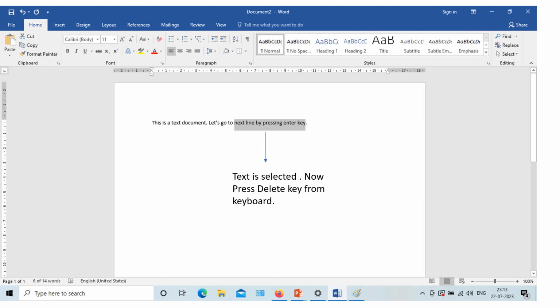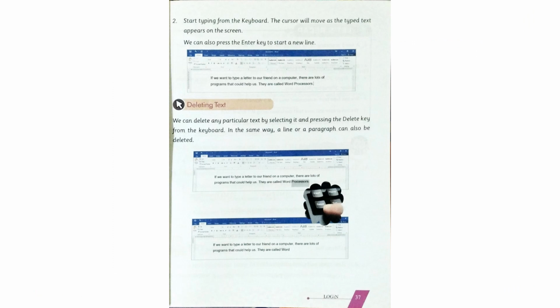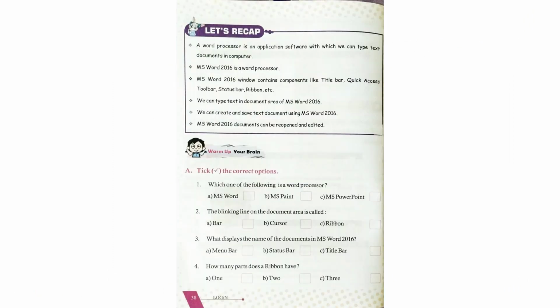That's all for this particular chapter, and let's see what we have learned in this chapter. We have learned a word processor is an application software with which we can type text documents in a computer. MS Word 2016 is a word processor.